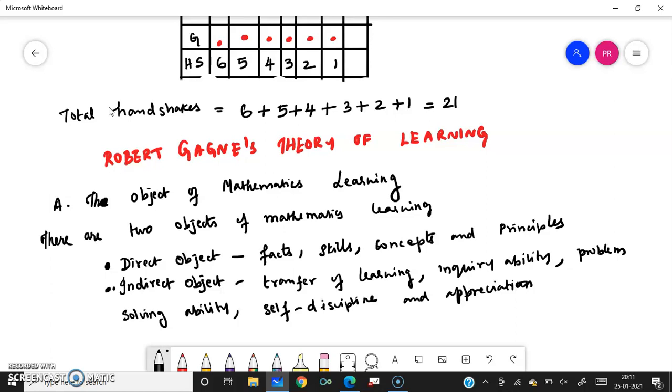Facts are learned through various techniques, maybe rote learning, memorization, drill, practice, timed tests, games, and contests. So if you want to learn, for example, addition or some trigonometric things, do drill, do many exercises, solve many problems.